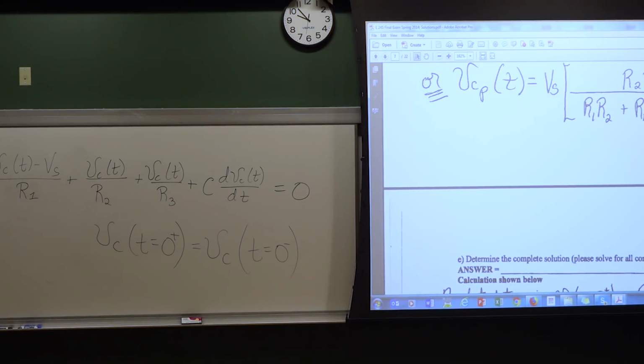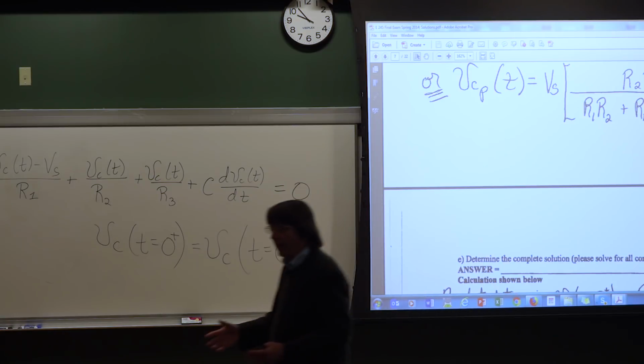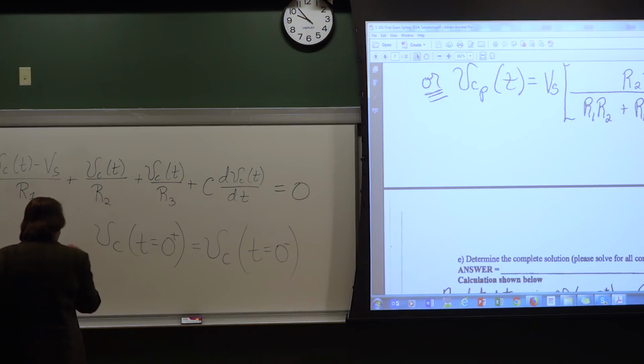And that's because of the chant, i equals C dv/dt. If the voltage were to change instantly, like a cliff, the derivative is undefined, or you can think of it as an infinite slope. We're going to have something we don't know how to deal with. So it turns out that there is not an instantaneous change.